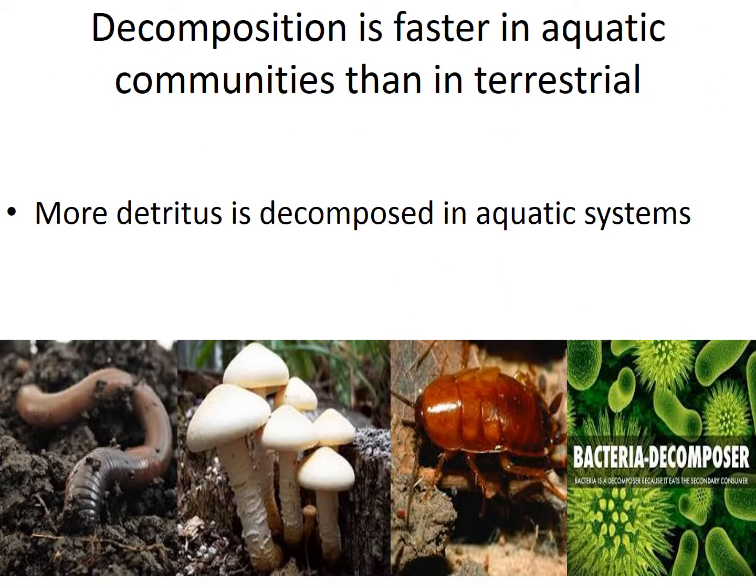When decomposers are breaking down the detritus, the same food quality differences apply as they did in herbivory. So there's less detritus in aquatic systems versus terrestrial because it's more nutritious. We can see that in terrestrial systems, there is a lot more detritus. So the decomposition is much faster in aquatic systems.